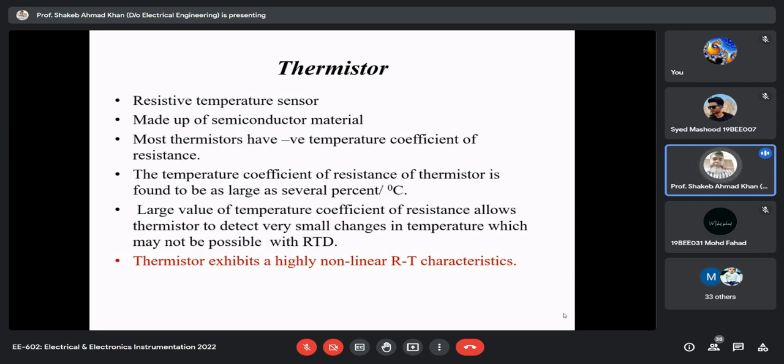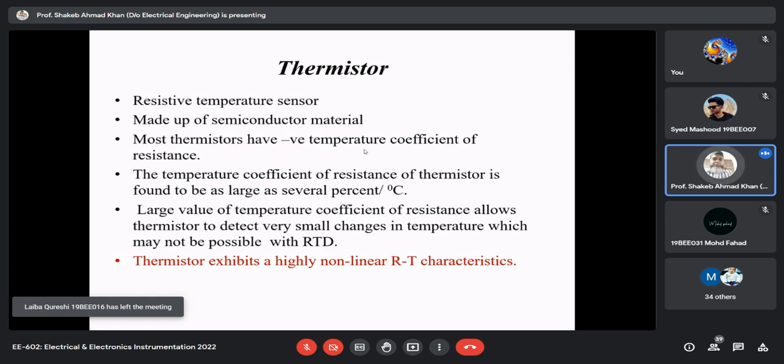So thermistor is basically a resistive sensor like RTD, and unlike RTD, it is made up of semiconducting material. And when it is made up of semiconducting material, obviously your temperature coefficient of resistance will be negative, because in semiconducting material there is a material property, and there is physics behind it.